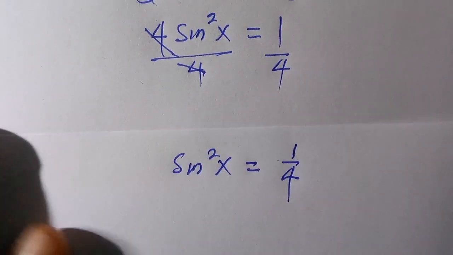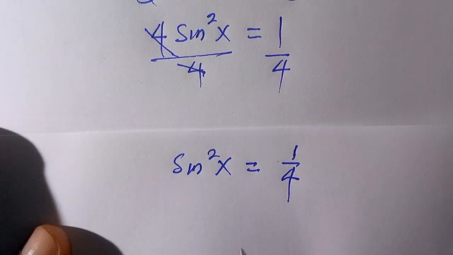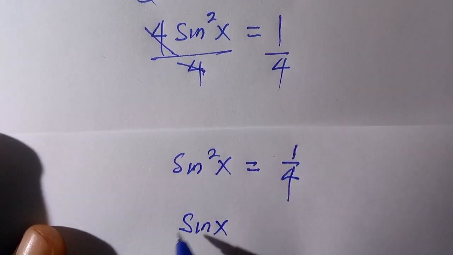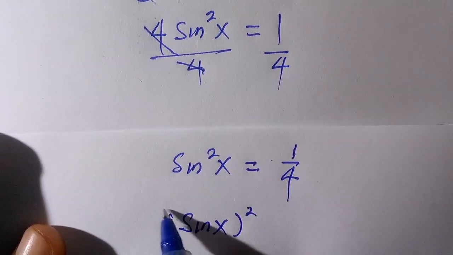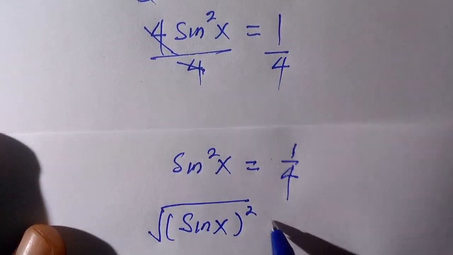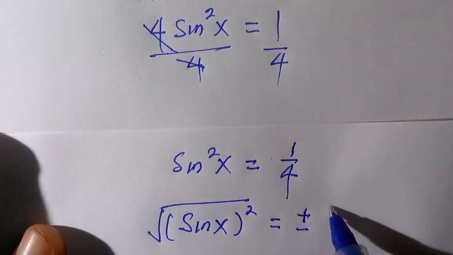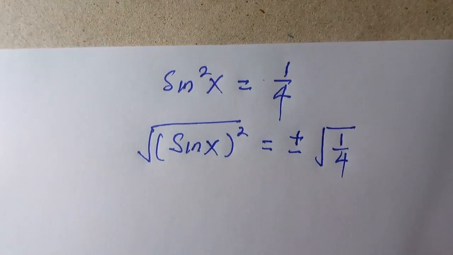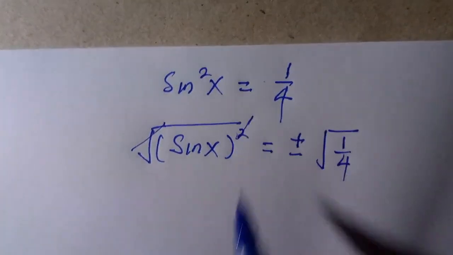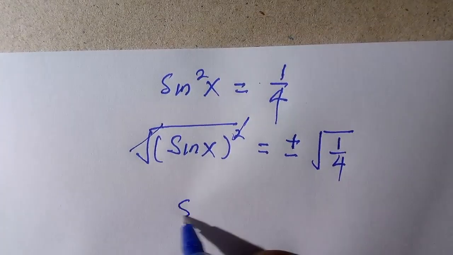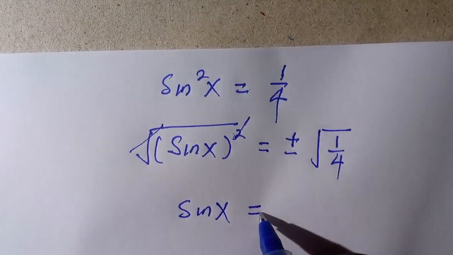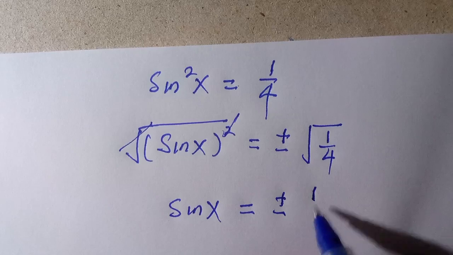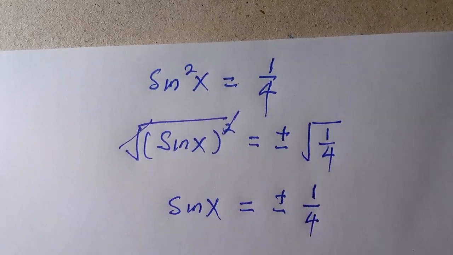And by taking the square root of both sides, here is sine x raised to the power of 2, then the square root of it equals plus or minus the square root of 1 over 4. And then this cancels, so that we have sine x equals plus or minus square root of 1 is 1 and square root of 4 is 2.